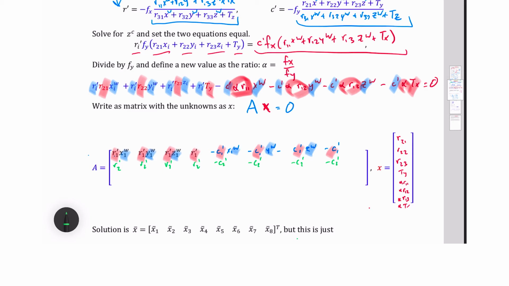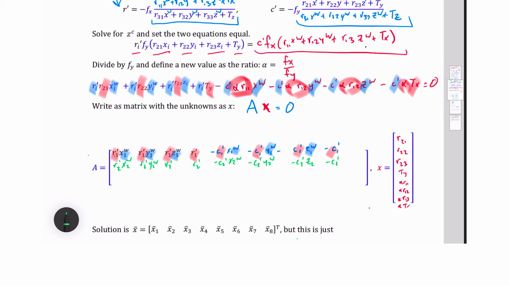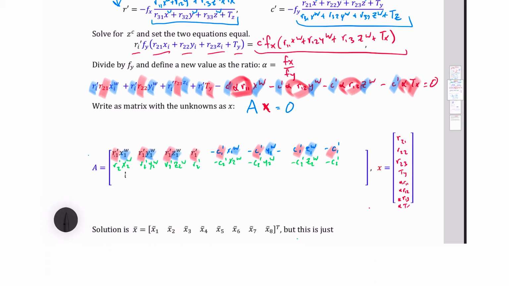And then we put in our 3D coordinates: X2 world, Y2 world, and Z2 in the world frame, each repeated across the row. I forgot to put these things in here. And then I just continue that on for as many points as I have.